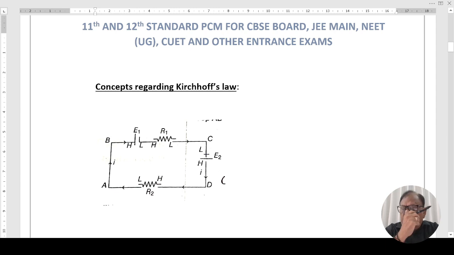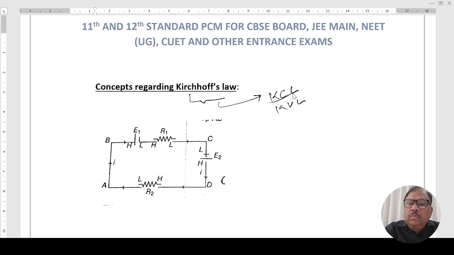Concept regarding Kirchhoff's law. There are two Kirchhoff's laws: Kirchhoff's current law and Kirchhoff's voltage law.